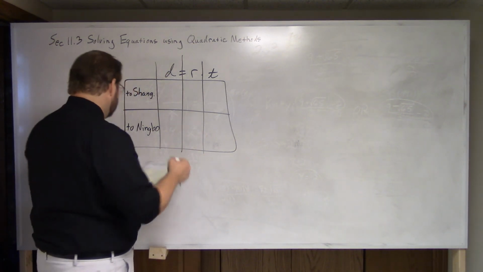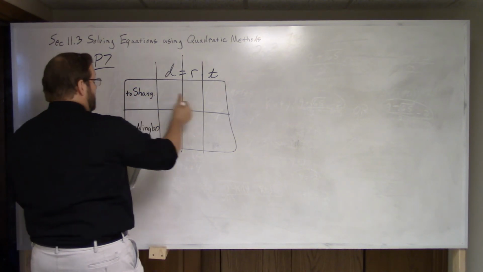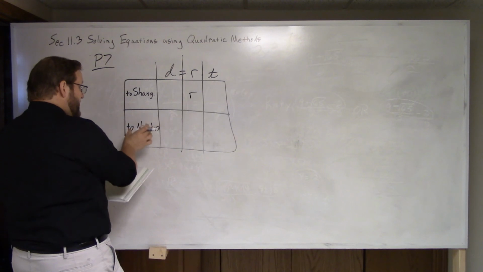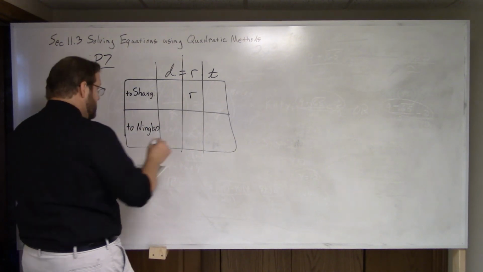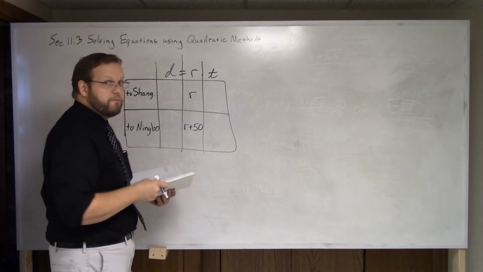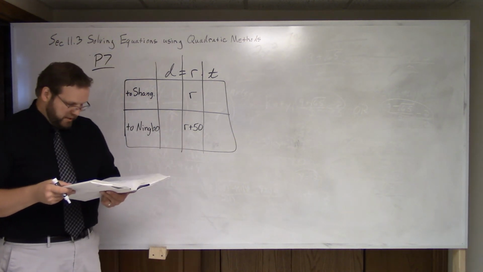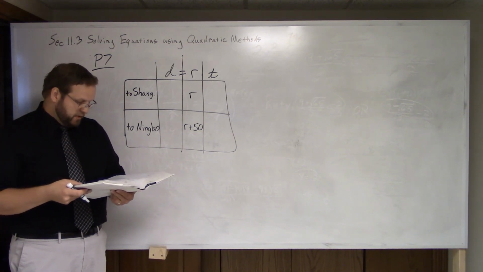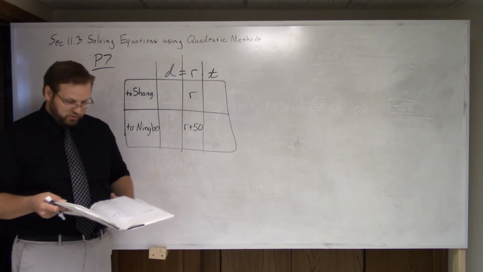So he went from Ningbo to Shanghai at some speed. I have no idea how fast he was going. But when he came back home to Ningbo, he was going 50 kilometers per hour faster. Okay? Total travel time was 1.3 hours. Find the speed to Shanghai and then to Ningbo.